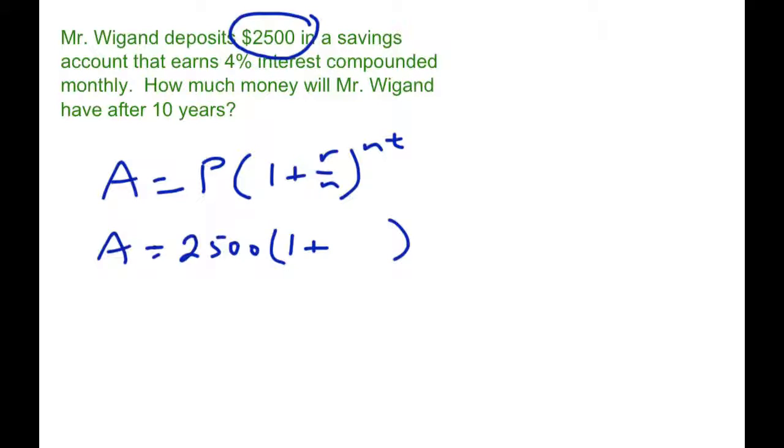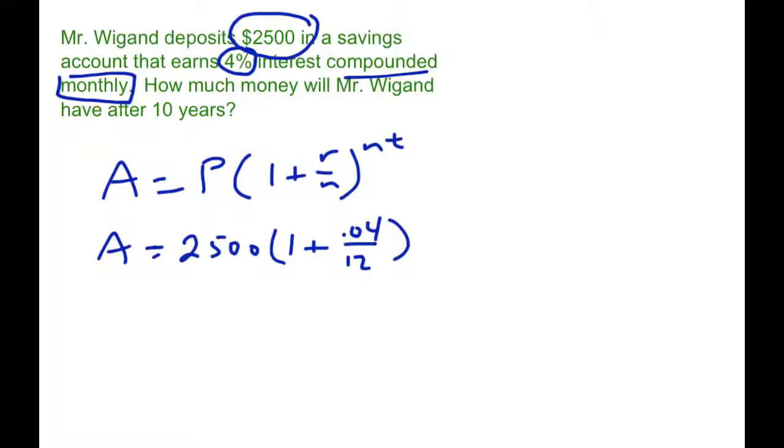1 plus. Okay, R is our annual rate, and we have a rate of 4%. But don't forget, we're going to put that in as a decimal, 0.04. And that's over N. Now we're compounding it monthly, so N is going to be 12 times per year.